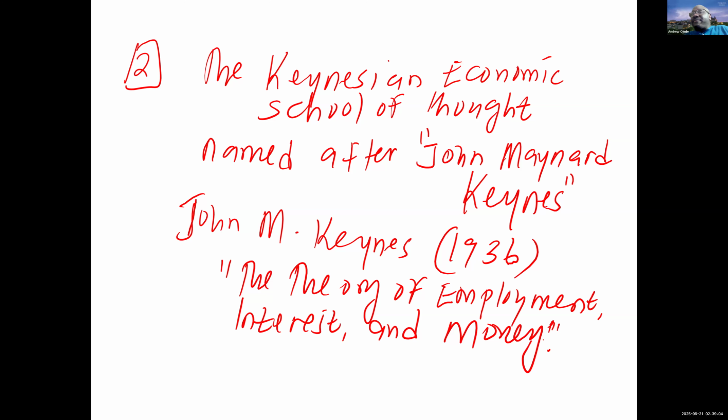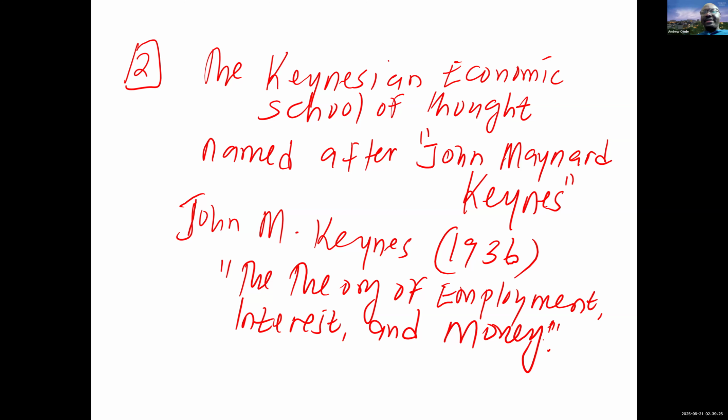They were to blame for what? For the Great Depression. Okay? If government had intervened, Keynes argues that perhaps we would have shortened the duration of the Great Depression. The Great Depression would not have lasted so long during the Herbert Hoover era, because it lasted between 1929 to 1933.